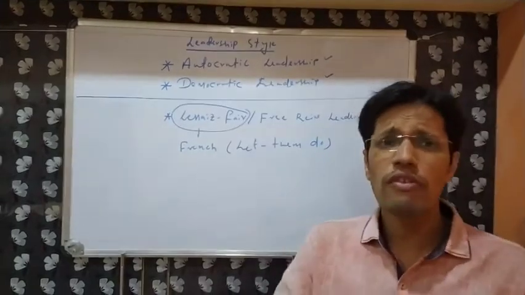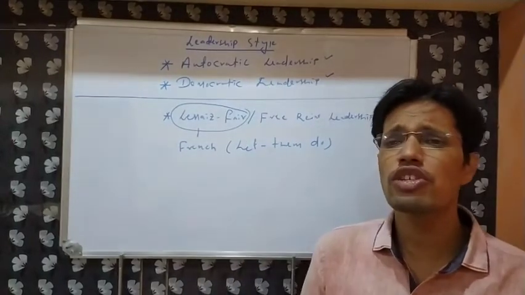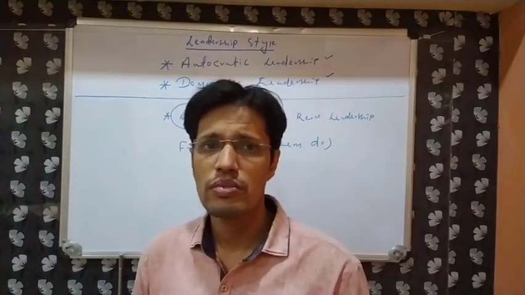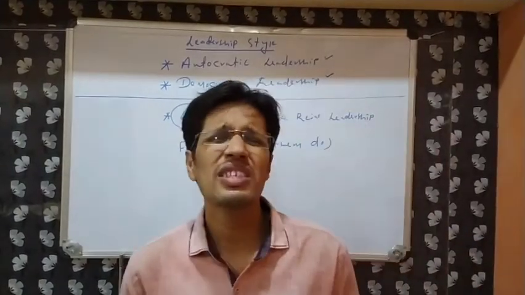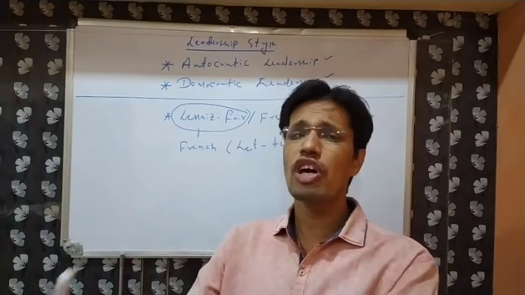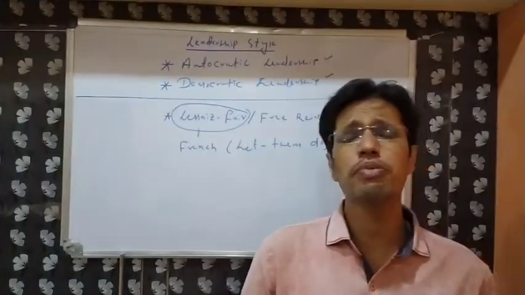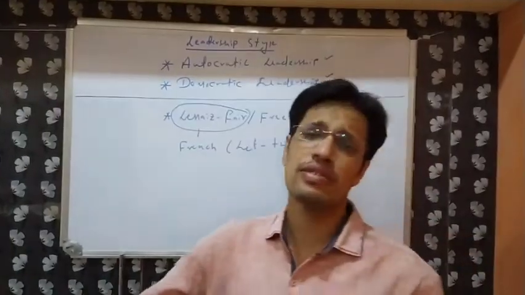So what is the role of the leader then? The leader's work is just to inform what their objective is. Here the leader simply informs people this is our objective. And how they will fulfill their objective, it depends.